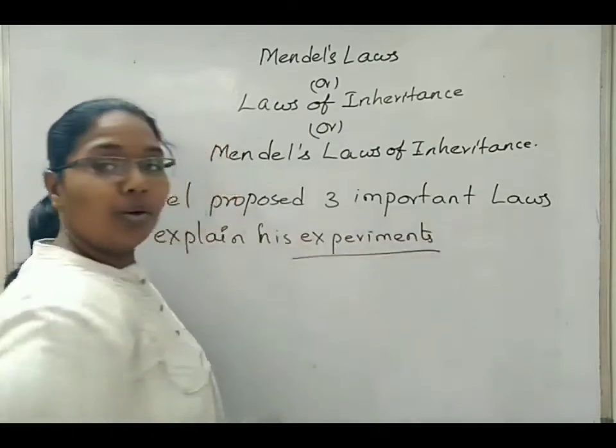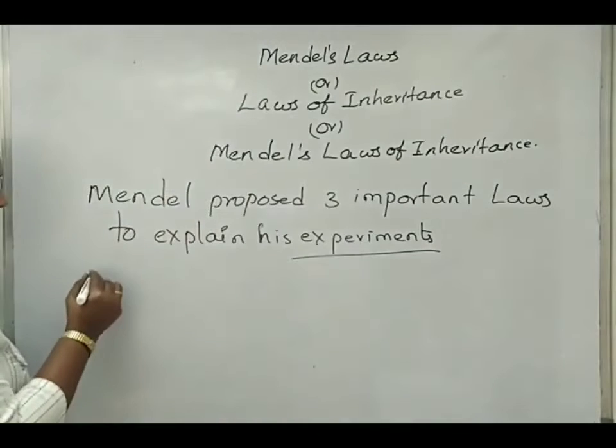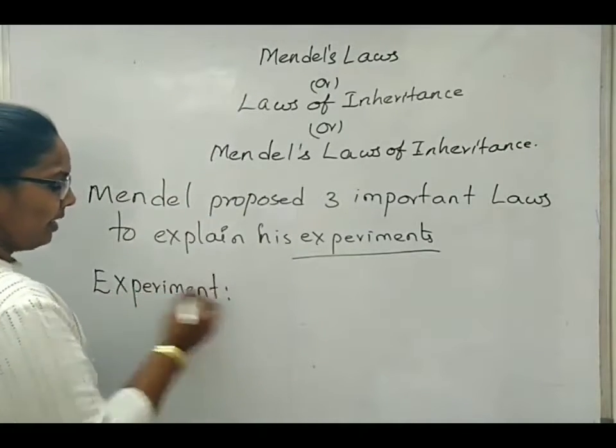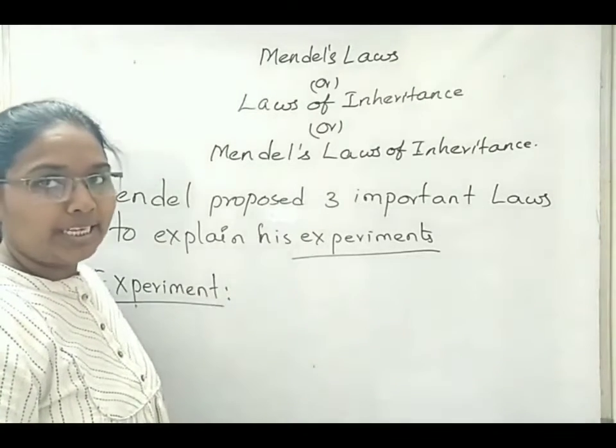Now, what is the experiment done by Mendel on the pea plant? First, we will see the experiment. In a single term, we call this experiment artificial hybridization.